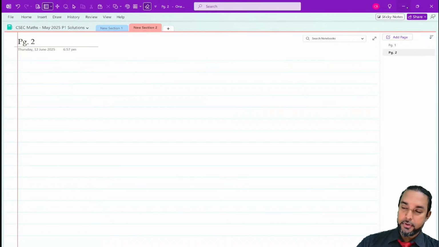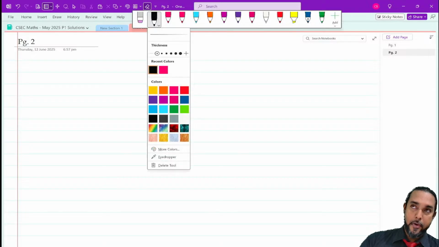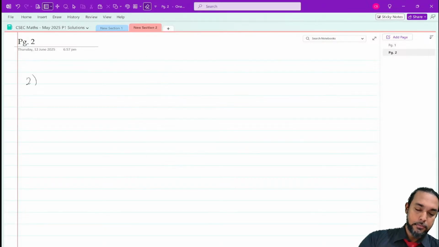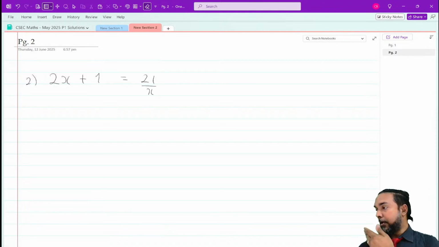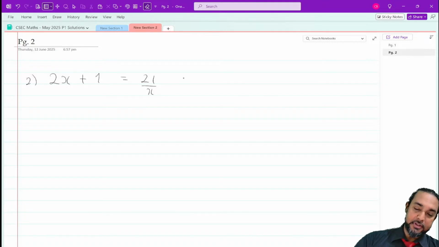Okay, cool. So the next question was what? 2x plus 1 is equal to 21 over x. Oh, that's an interesting one. So first things first, we're going to multiply throughout the equation by x to clear out the denominator on this side here.